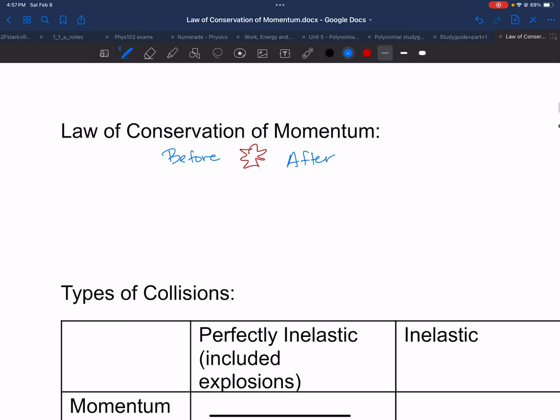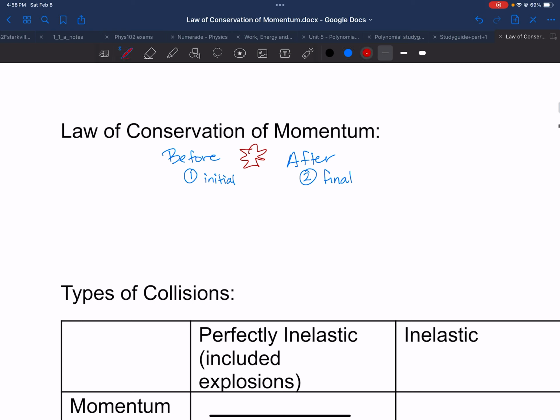Typically what I do is I use a subscript of 1 to designate the before, and I use a subscript of 2 to designate the after. You can also use initial and final, right? You can call this the initial and final. I just had too many problems where there was a third situation that happened, so I like to number instead of using just I and F.